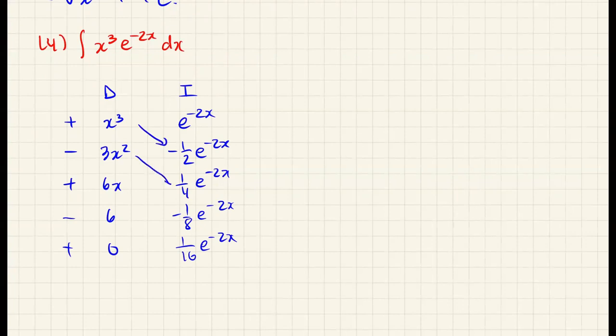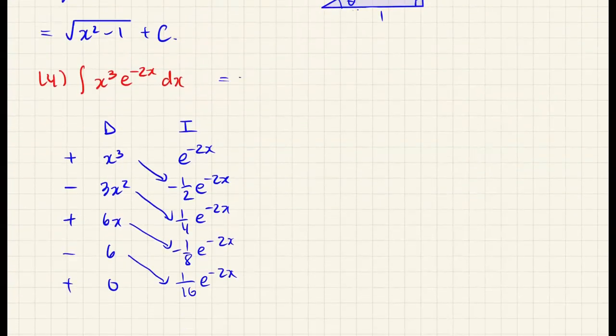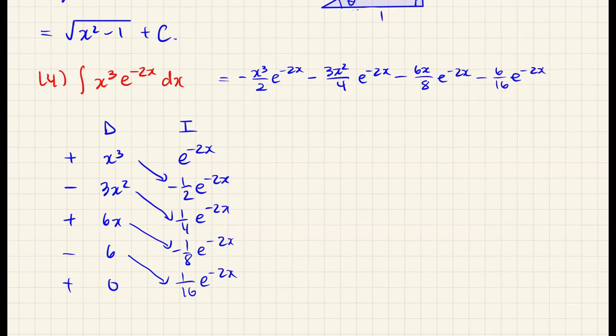So that means this integral is just going to be negative x cubed over 2 e negative 2x minus 3x squared divided by 4 e negative 2x minus 6x divided by 8 e negative 2x minus 6/16 e to the power negative 2x. And if you want to simplify it, that's okay, but I'm just going to leave it like this.